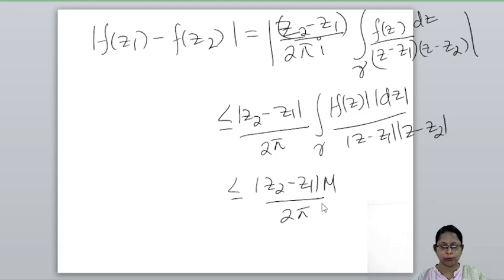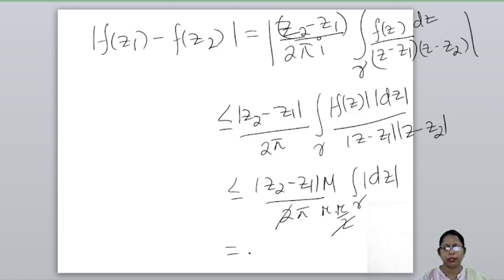So substitute this value, then integral of dz. As these values are r, which is independent of dz, this can be taken outside the integral sign, and this cancels out. This will be |z2 minus z1| M by pi times the integral over gamma of |dz|.